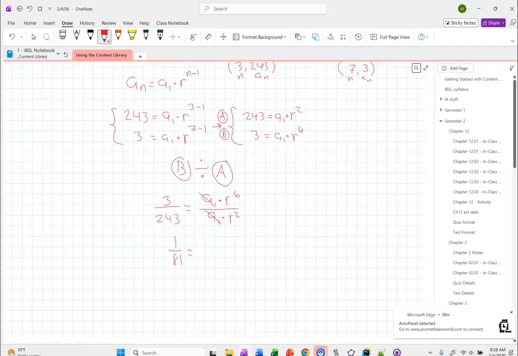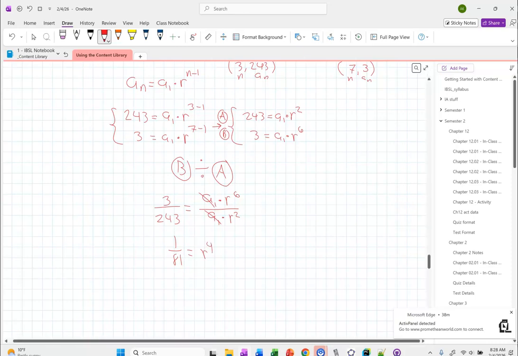My a sub 1's cancel out, because a sub 1 divided by a sub 1 is just 1. And then r to the 6th divided by r to the 2nd. When I divide exponents, how do I simplify that? Subtract the exponents. So 6 minus 2 is 4. Everybody feel okay here?